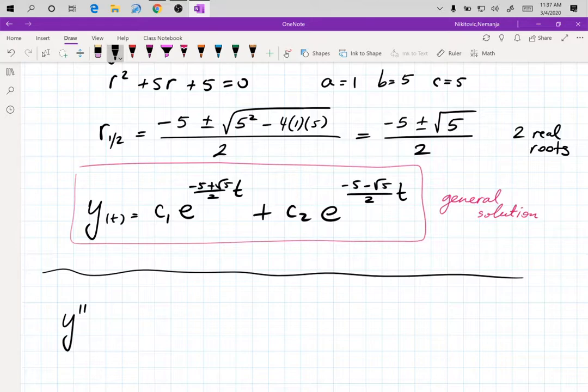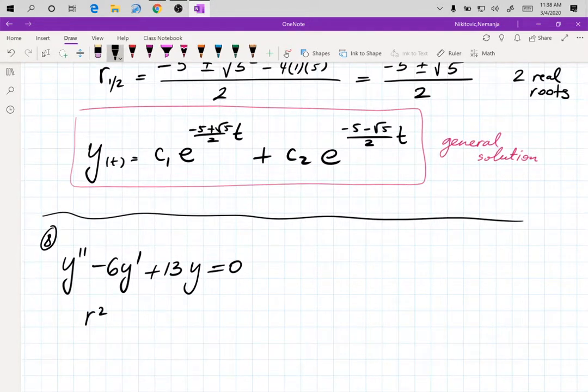Y double prime, this is problem number 8 now. Y double prime minus 6y prime plus 13y equals 0. This gives us the characteristic equation r squared minus 6r plus 13 equals 0.